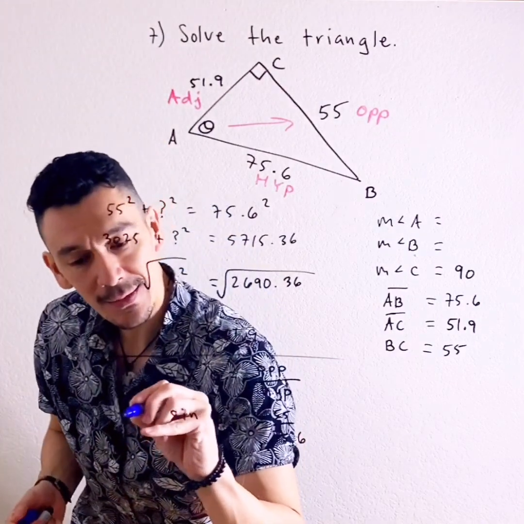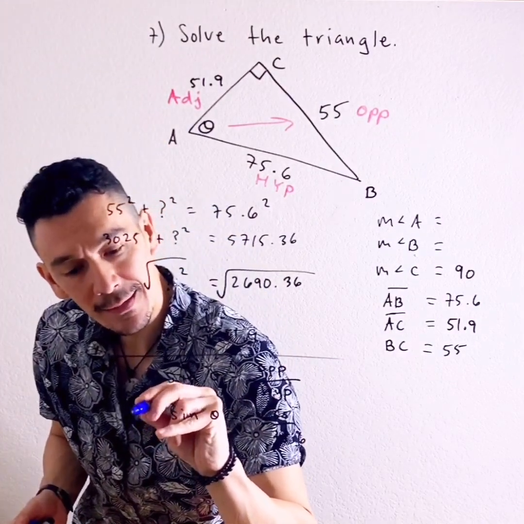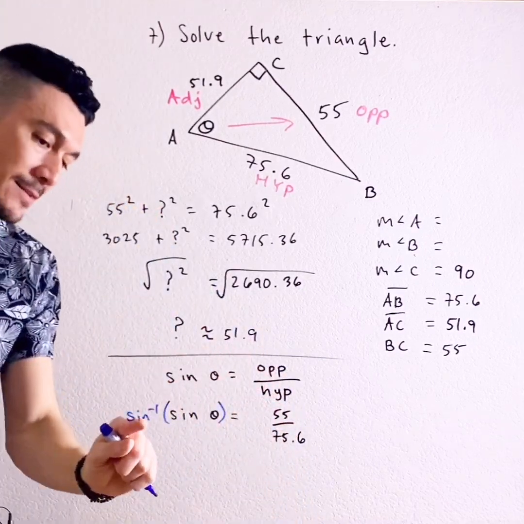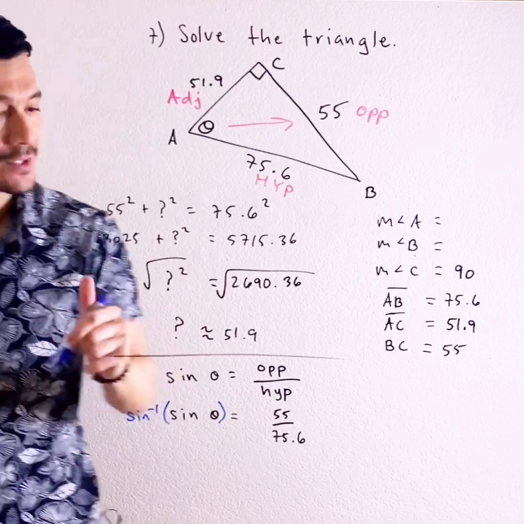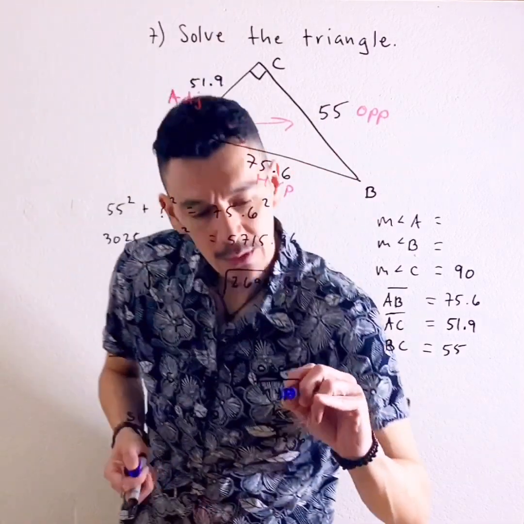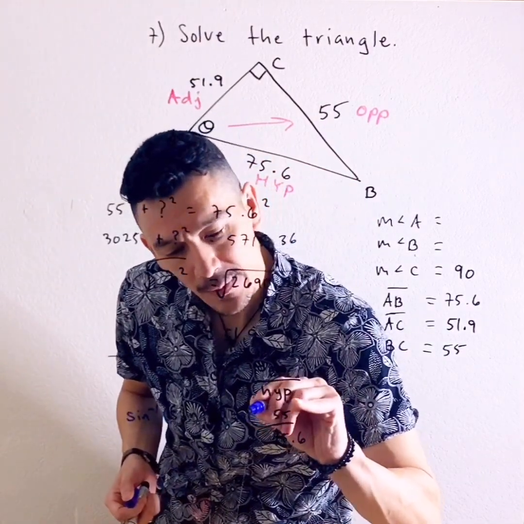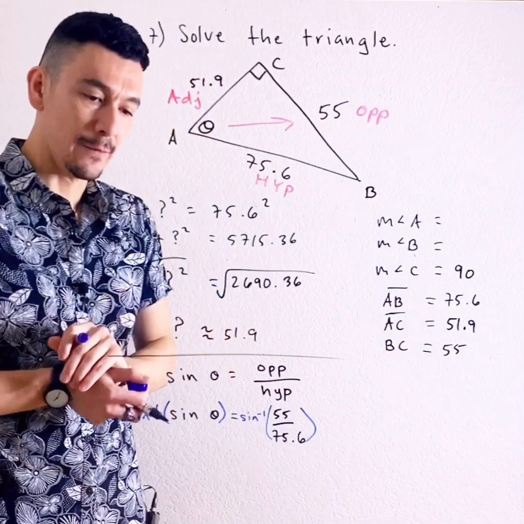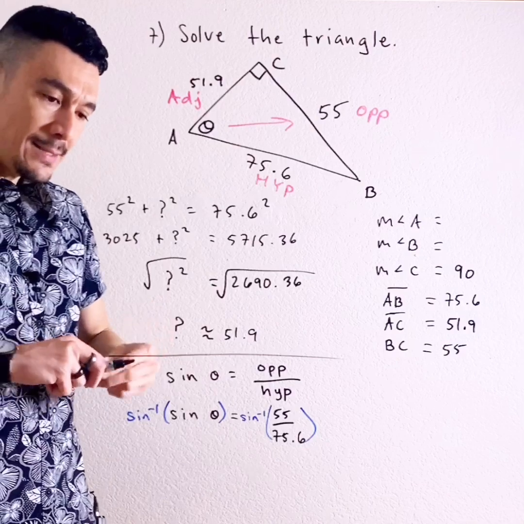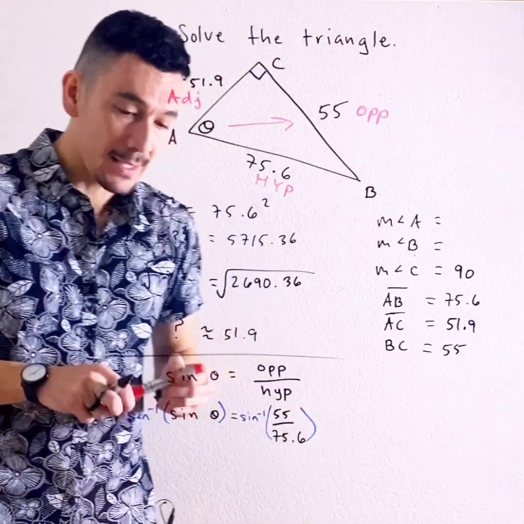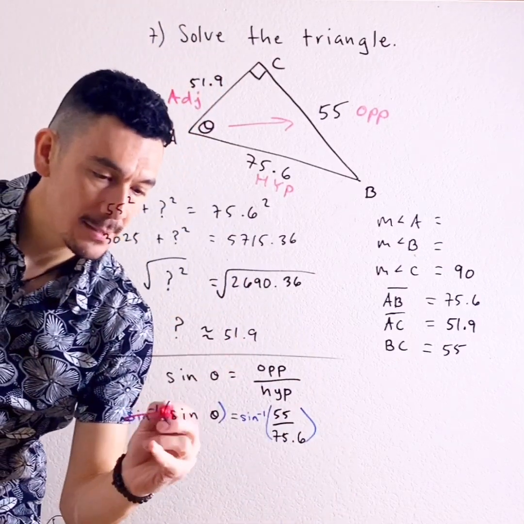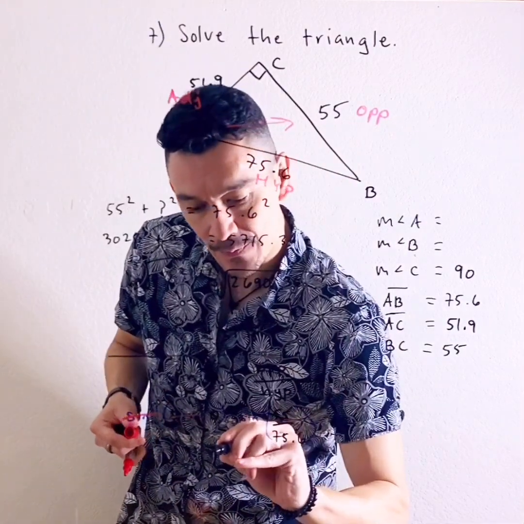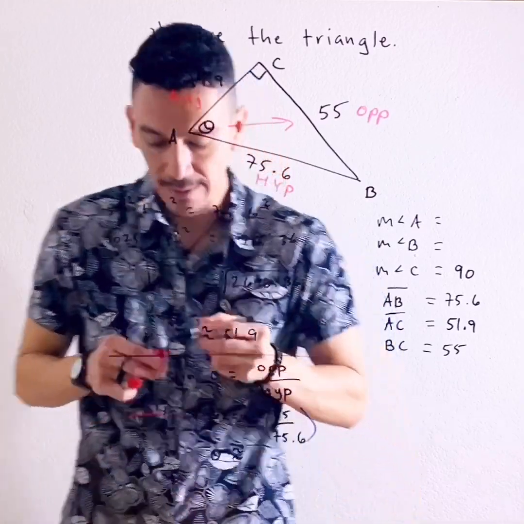I can take the sine inverse of not just the left, I also have to do it to the right-hand side. So what you can do is you can take the sine inverse of both sides. You know why? Because sine inverse and sine, they knock out. All that's left is theta, approximately.